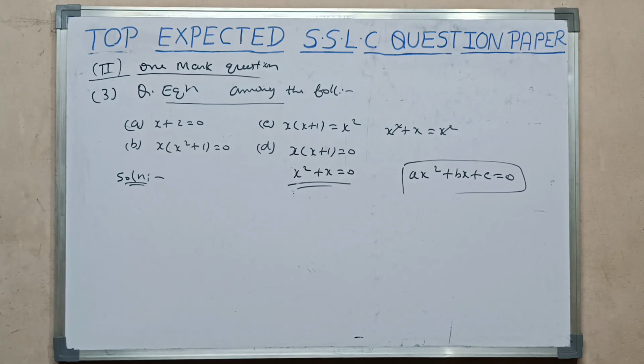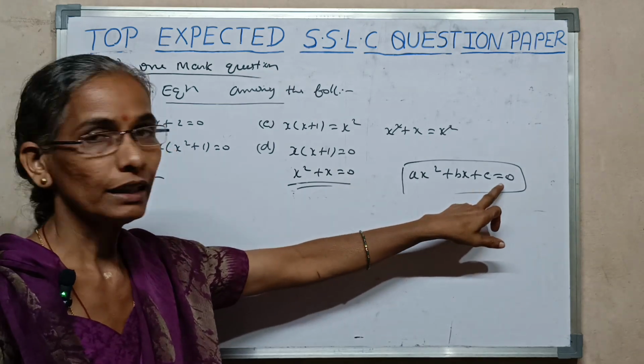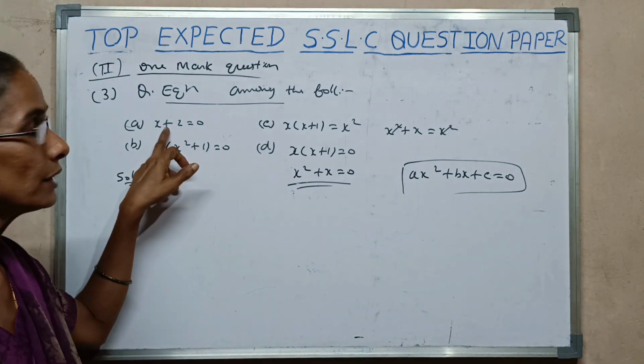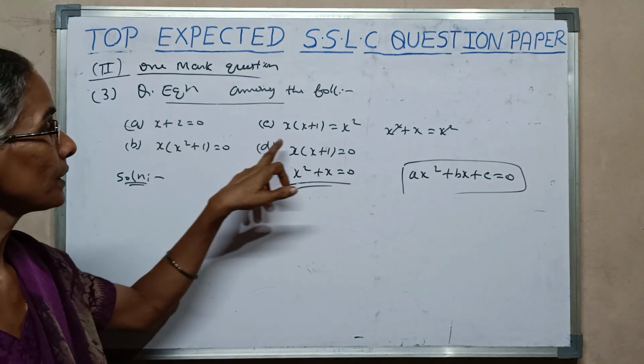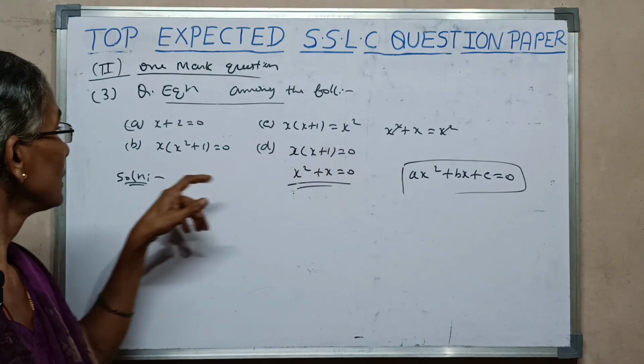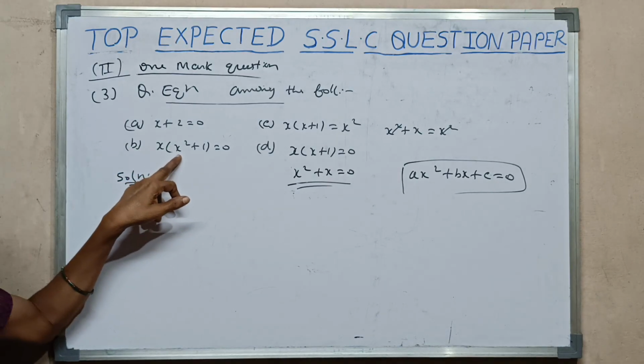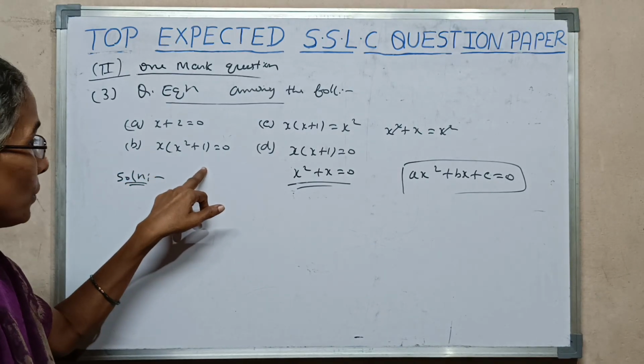So before solving this question, the standard form of a quadratic equation is ax square plus bx plus c equal to 0. The first answer is linear. In the third answer, x square cancelled, so there is only one term. And in B, x into x square is x cube, so it is a cubic polynomial.